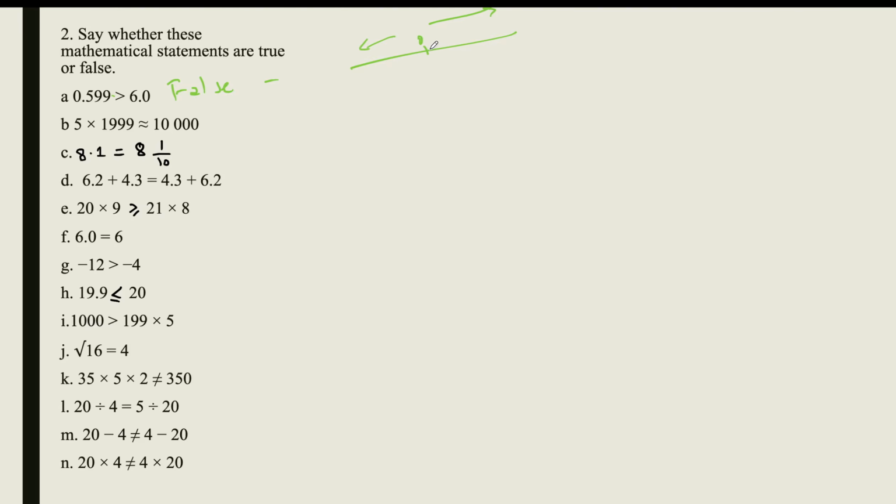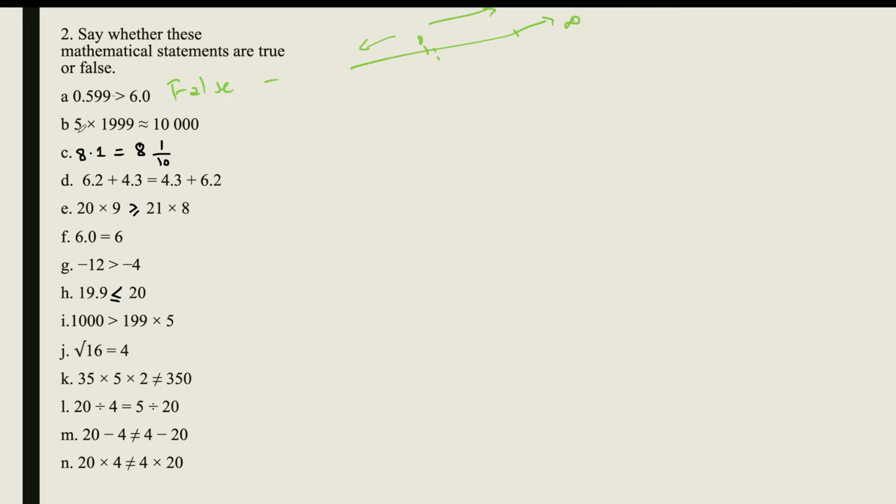So 0.5 is somewhere in here, and 6 would be, as we move, since this line goes towards positive infinity, somewhere here. 0.599 is less than even 1. Therefore, this is false. It is not greater than 6, it is less than 6.